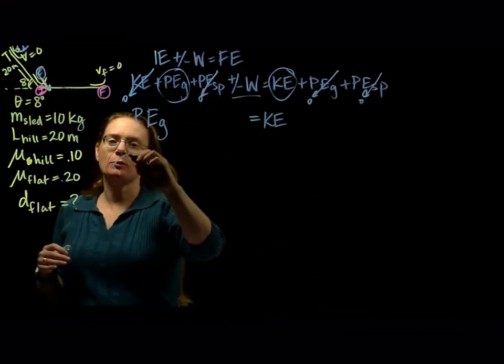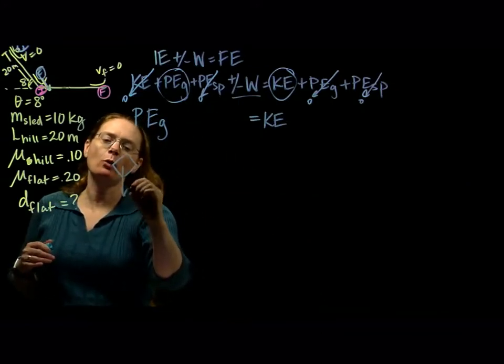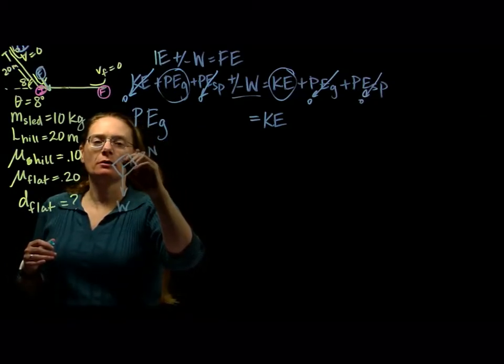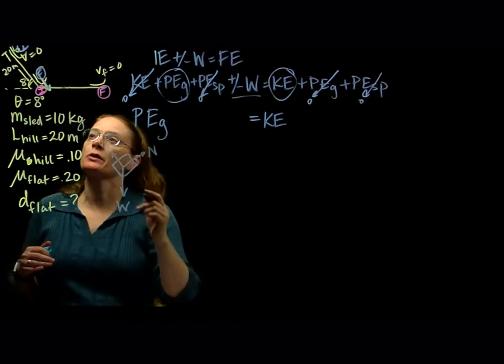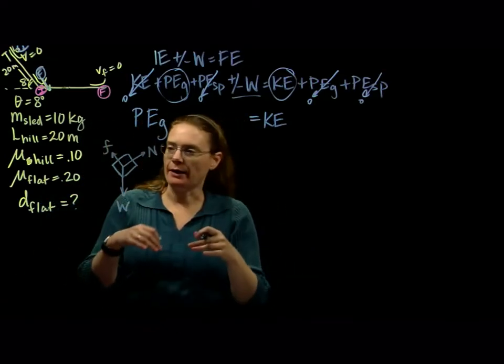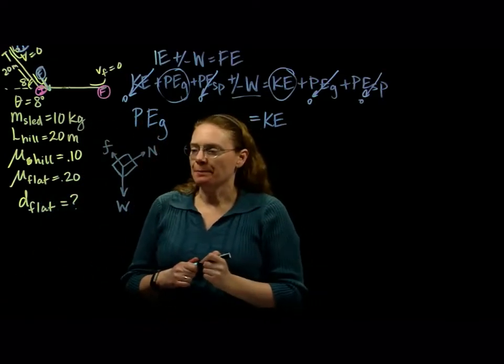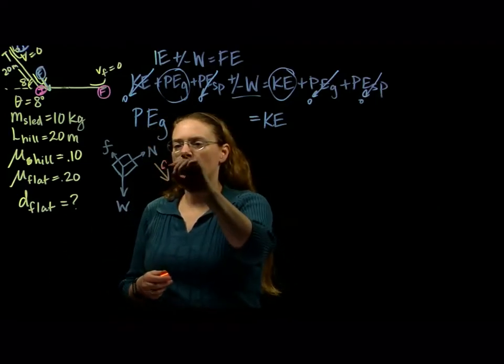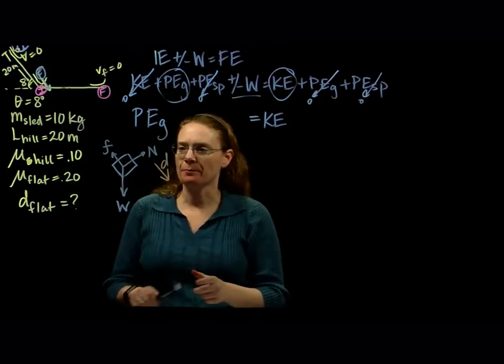So as it's moving down slope, we've got our weight, our normal, friction, a small friction force, and there's nothing pushing it forward, it's just sliding down. The direction of motion is this way.